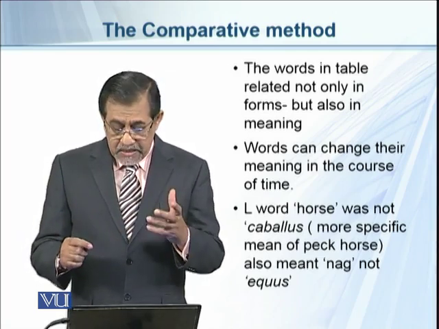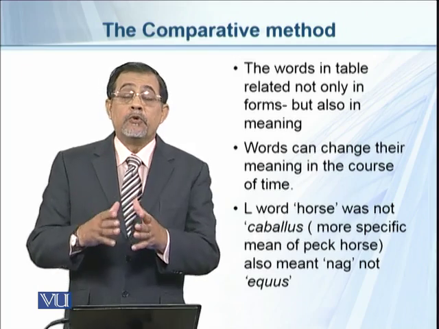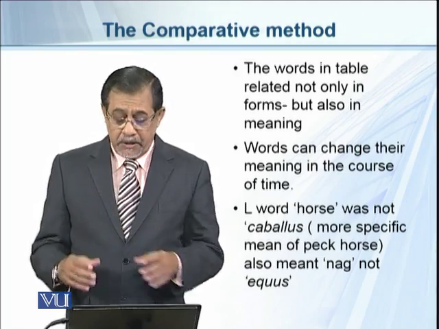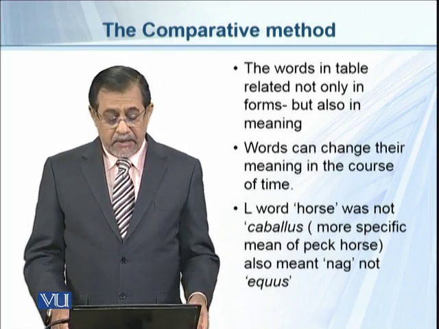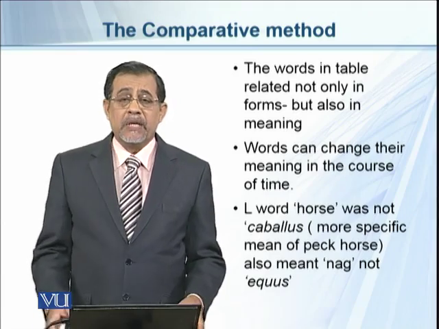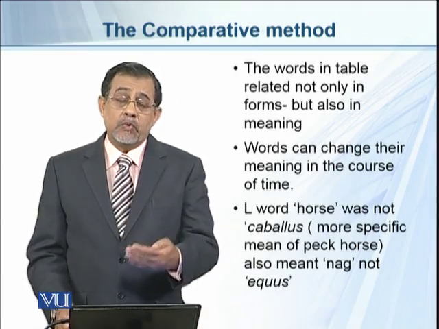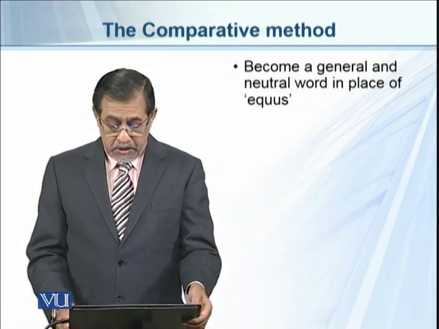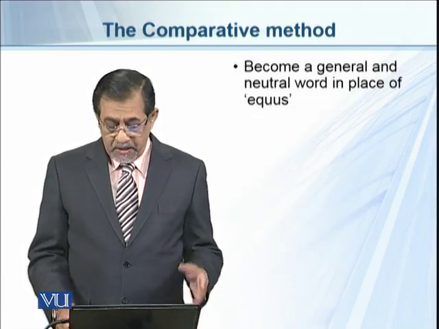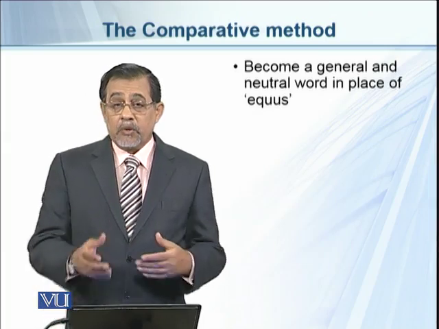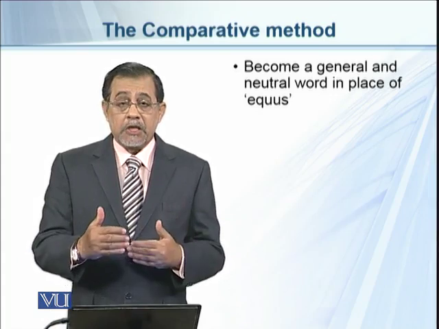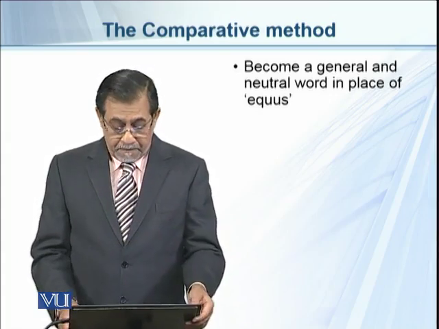The word caballus was used for a nag, a pony, an animal of burden. But with the passage of time, caballus started to be used as a neutral word for horse. It became the general and neutral word in place of equus. So with the passage of time, a word changes its meaning as well.